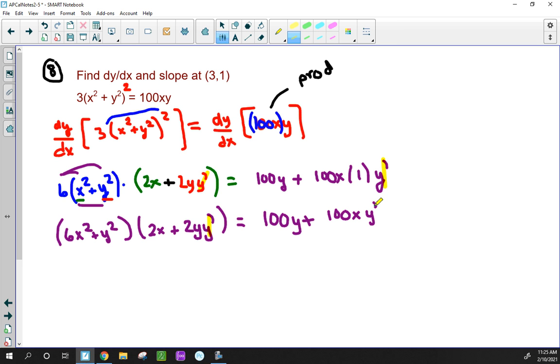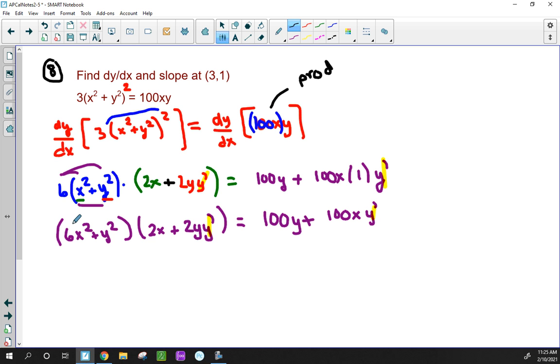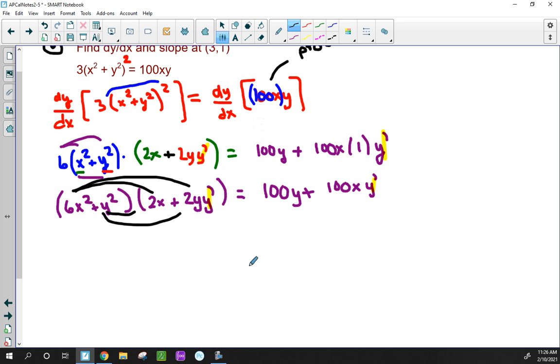Okay, keep an eye on this. We can't just move this over here without having this in the way. And so what you want to do on the left side, you notice there's 2 terms here, 2 terms here, and they're being multiplied. I would go ahead and just distribute. I'd use FOIL. Let's get all these as separate terms before we start transposing.